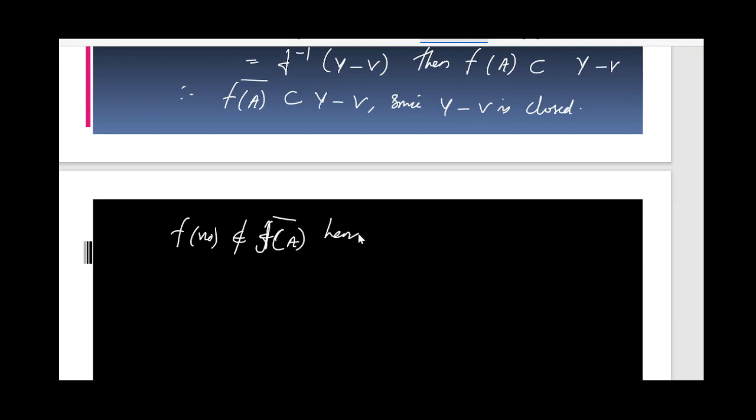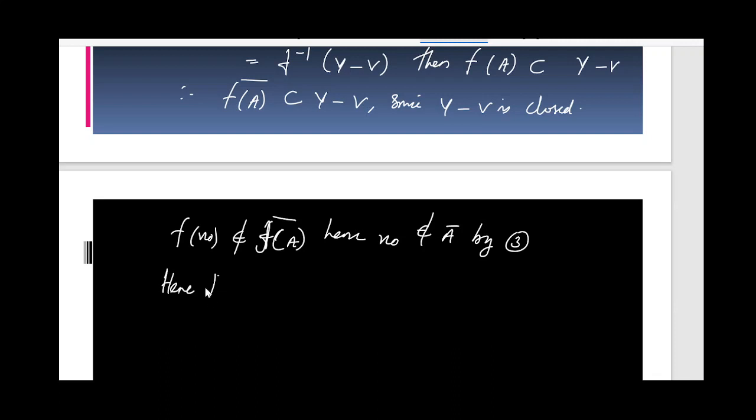Hence, x naught does not belong to A closure by condition 3, right? So f of x naught does not belong to f of A closure, then x naught does not belong to A closure.